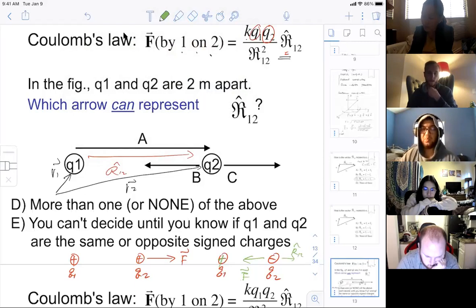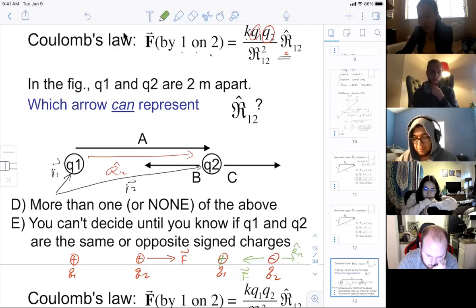So this force needs a negative sign. And do we have that negative sign somewhere in our expression? You do, because there's a negative sign that comes with the negative charge. So it doesn't really matter whether one of them is positive, or two of them are positive, or both negative.